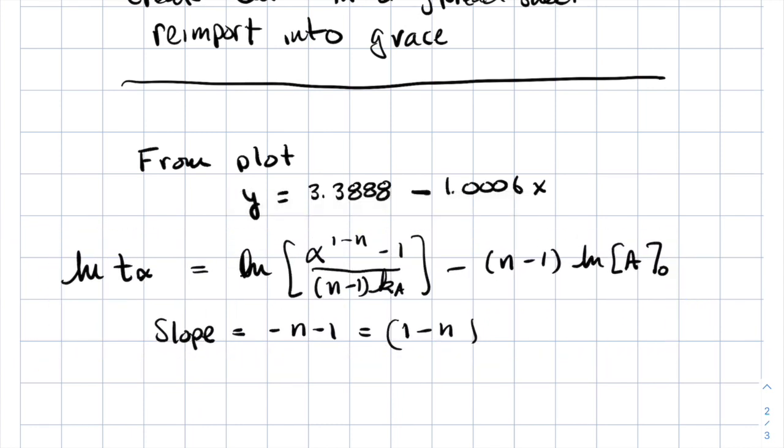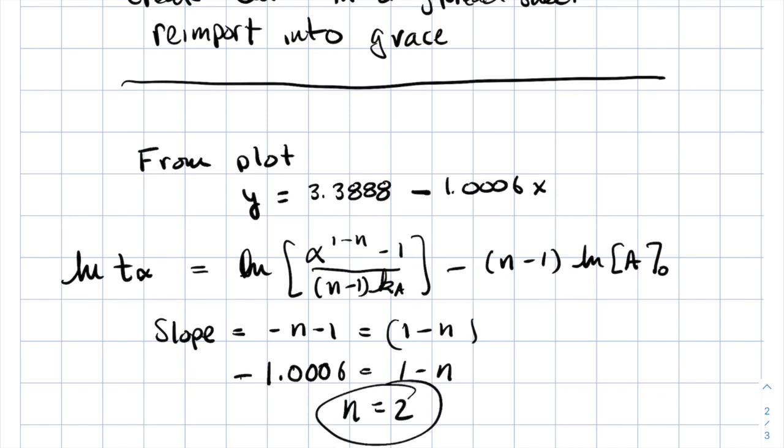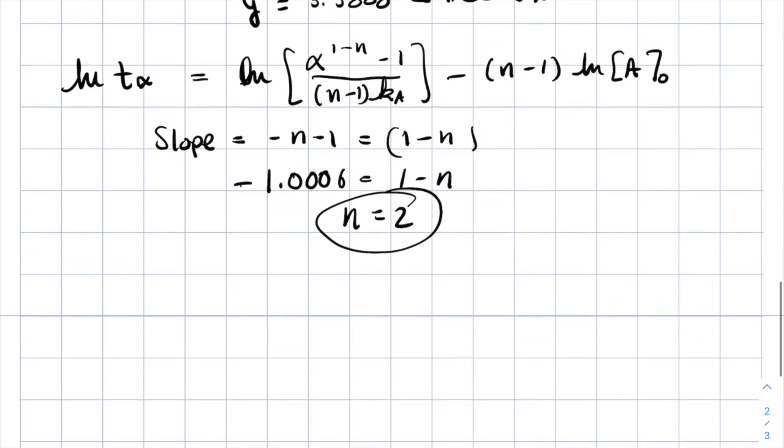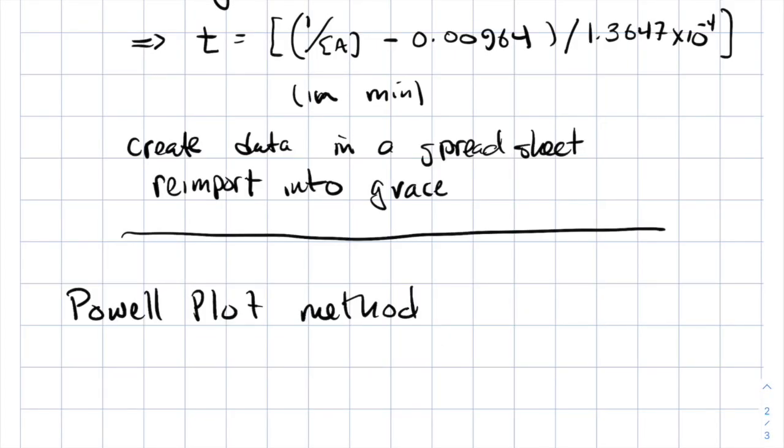Okay, we can see that the slope is 1 minus n, so we can say minus 1.0006 equals 1 minus n. In other words, n equals 2.006, right? But second order, this worked out really well. We got a really good determination of a second order fit. That's very nice.